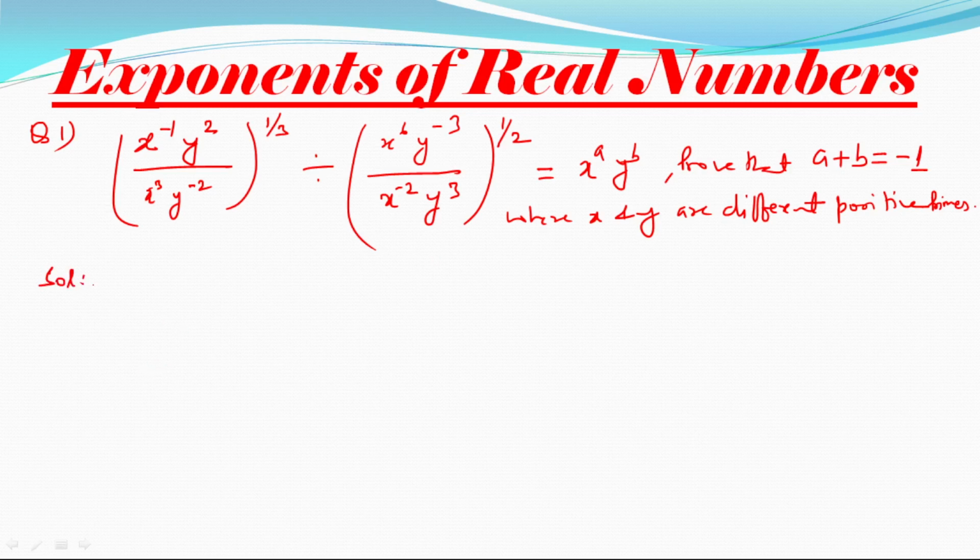We need to bring this left hand side also as it is given in right hand side, in xy form. X will be having some exponent, y also will be having some exponent, so that we need to bring it here. So first we will be solving internally this particular part of the left hand side.